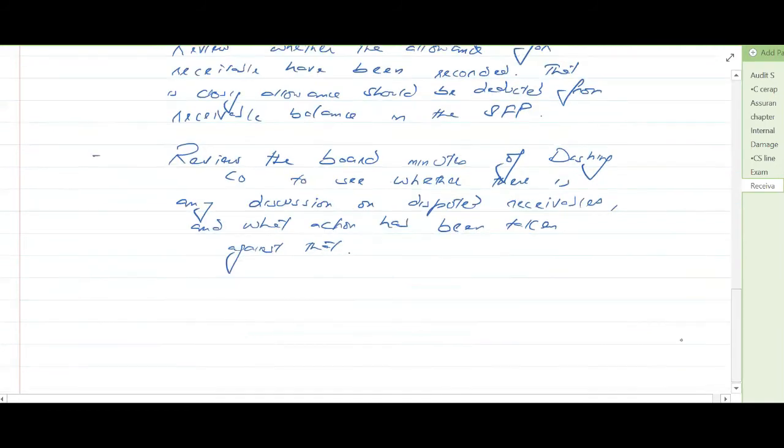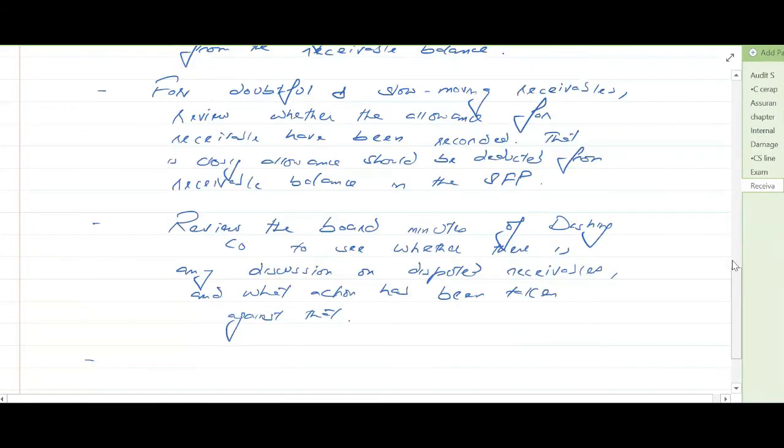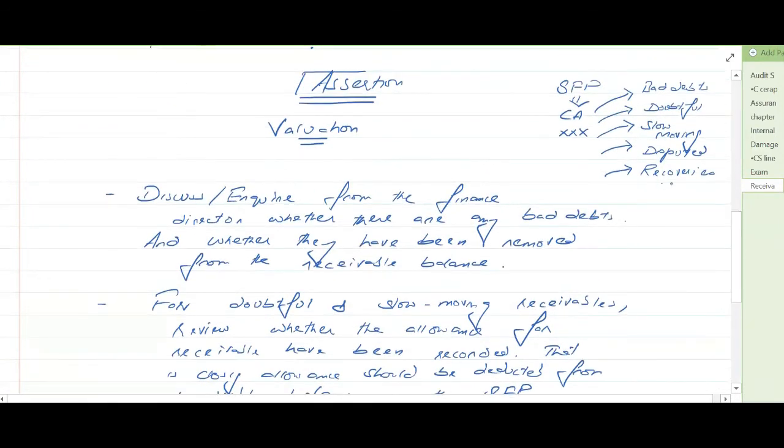Okay, the next procedure is to confirm if there are any recoveries post year end. For example, year end is 31st December, and by year end, they have recorded that they have to receive $100 from Mr. ABC.